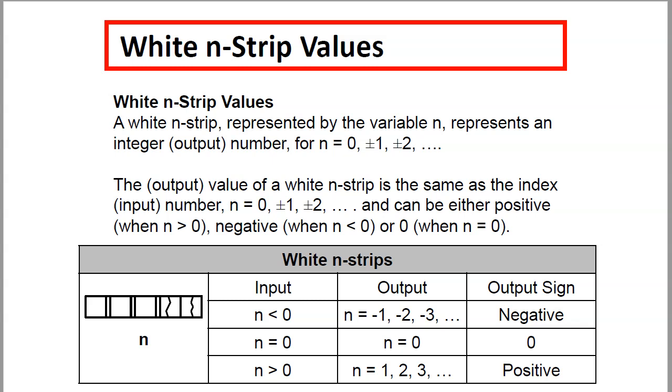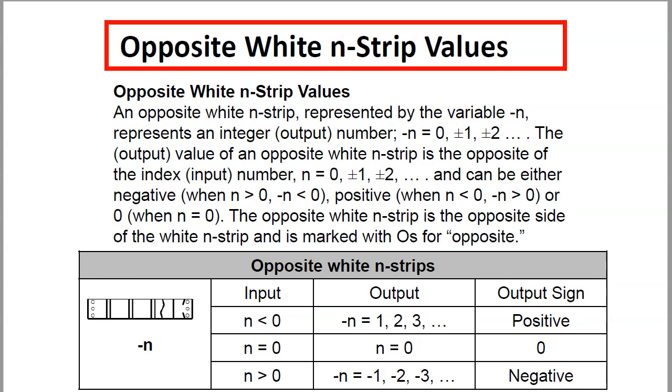When n is negative for an input, n is negative for an output for the white end strip. For the opposite white end strip, which you can see there are little O's on the strip, this has the variable -n. So when n is positive as an input, the output is negative, and when n is negative as an input, the output is positive.